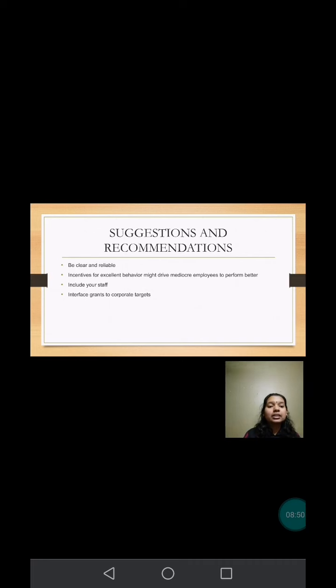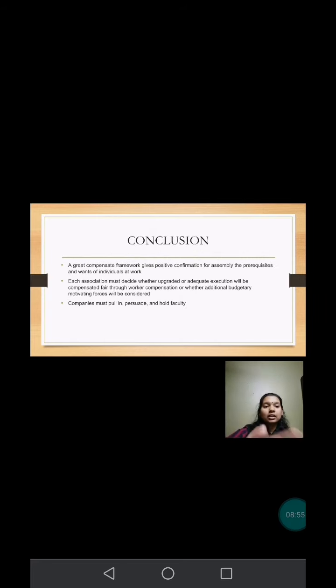Next would be the conclusion. A great reward framework gives positive reinforcement for meeting the requirements and needs of individuals at work. It is a rule meant to have a strong advantage in attempts to meet the mental needs of workers.